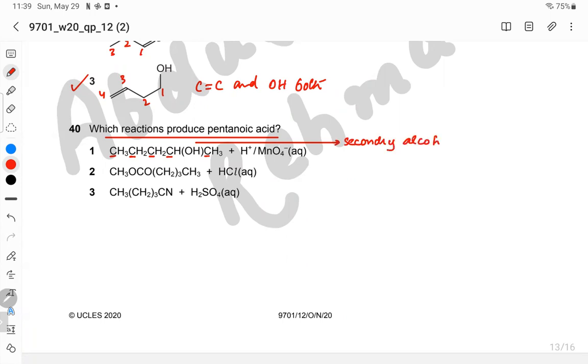And if it's a secondary alcohol, so on oxidation, it will produce a ketone, not a carboxylic acid. So again, our first statement goes wrong. And if the first statement goes wrong, it indicates that second and third statement is correct. And if the second and third statement is correct, then C is your option.